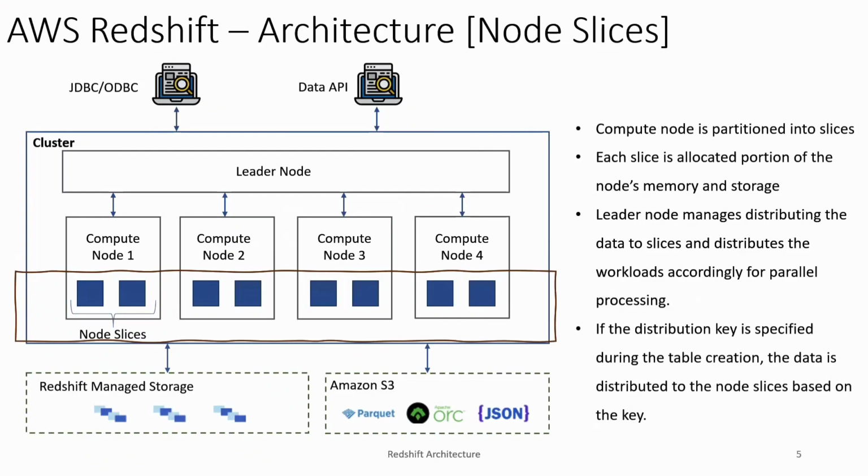The leader node manages distributing the data to the slices and distributes the workload accordingly for parallel processing. If a distribution key is specified during table creation, the data is distributed to the node slices based on the key. Okay, this is the purpose, the design and creation of node slices in this architecture.